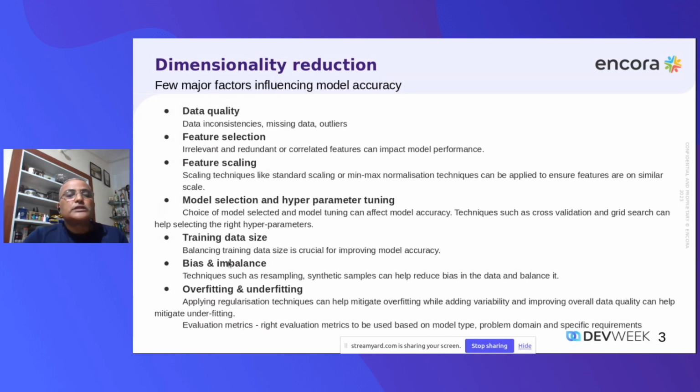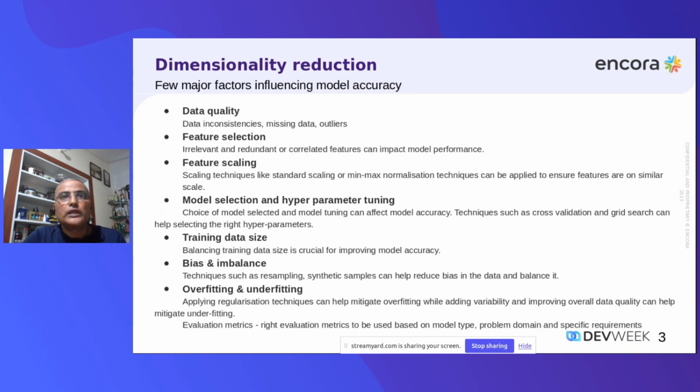Okay, so the next one is feature selection. If we have a humongous set of features or dimensions within the data set, the next question is how do we pick and choose those features or dimensions which are required for model building. One of the key things here is to look for correlation between the features.